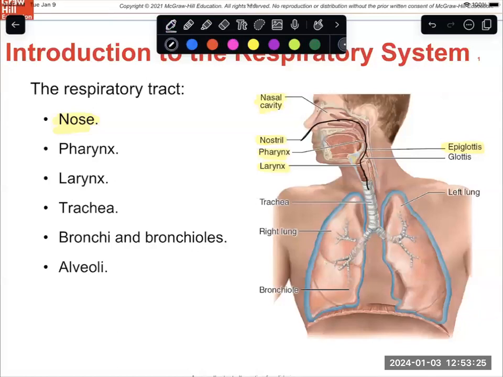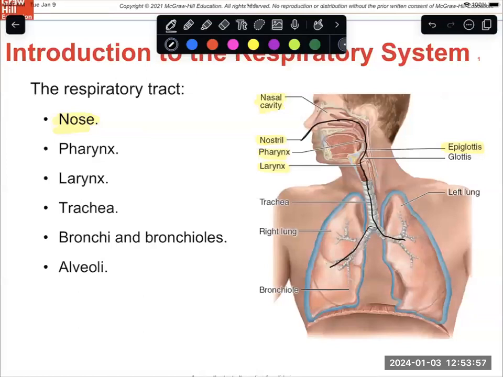So through that trachea, and then it's going to go down into that left or right lung. When that trachea splits, it splits off into primary bronchi, secondary bronchi, tertiary bronchi. Going to go through bronchioles, respiratory bronchioles, all the way down to alveoli.